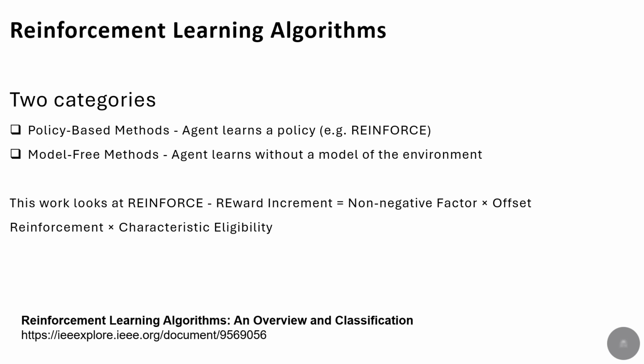So in this work I looked at REINFORCE, which is an acronym for reward increment equals non-negative factor times offset reinforcement times the characteristic eligibility. I've given a link here for you to have a deeper look, if you wish to, at some of the other types of algorithms that we may not talk about here.